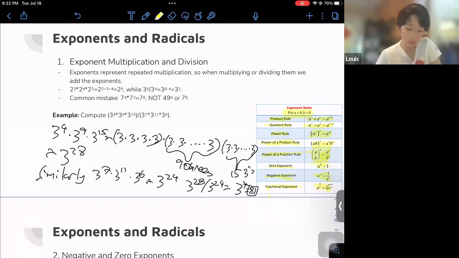And so these right here are just the power rule, which is the one right here.